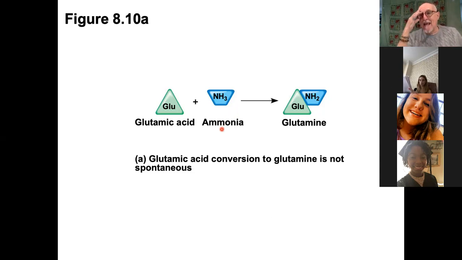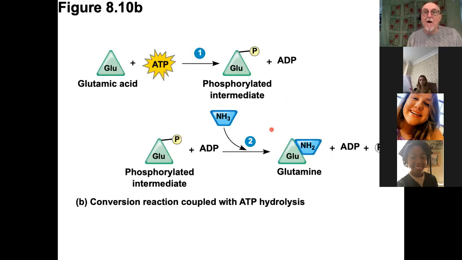Instead, this is a highly endergonic reaction. It's going to require an input of energy in order for it to happen. Now that might sound like a disadvantage, but it's not. It's an advantage to the cell because it means that this reaction is going to take place under highly controlled conditions. This is how the cell actually puts energy into this reaction.